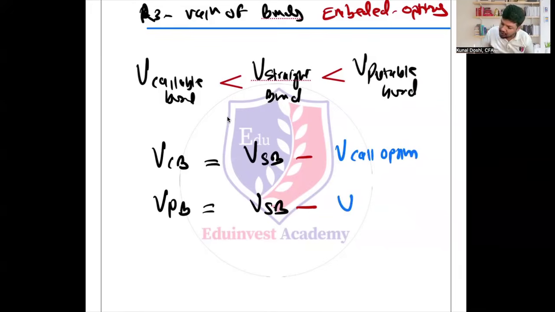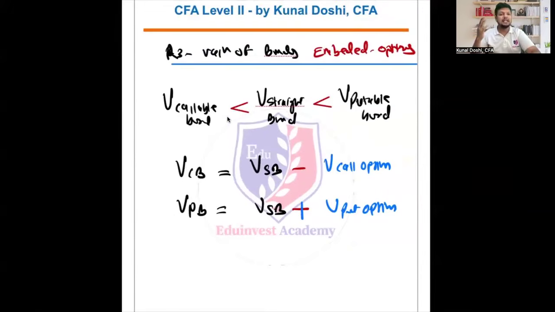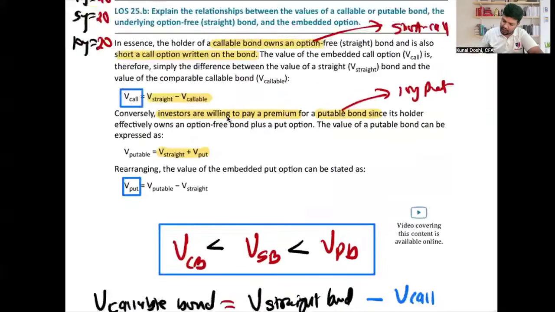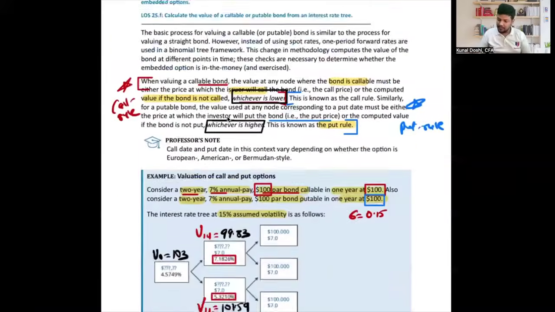And compared to an option-free bond, the putable bond's value is higher, so we add the value of the put option. Is this clear, everyone? Got it?